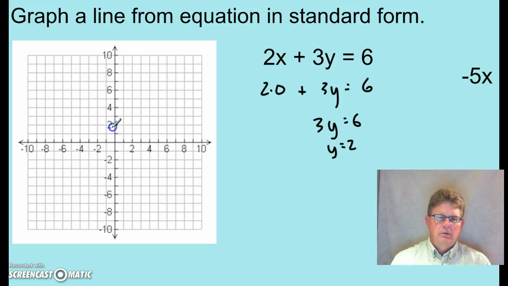So the y-intercept is at 2. To find the x-intercept, set y equal to 0, because y has to be 0 to go through the x-axis. So 2x plus 3 times 0 equals 6. 3 times 0 is 0. 2x equals 6. X equals 3. So (3, 0).